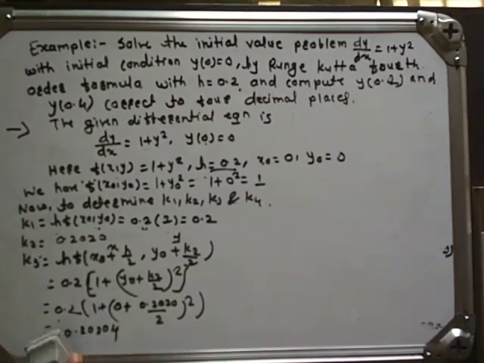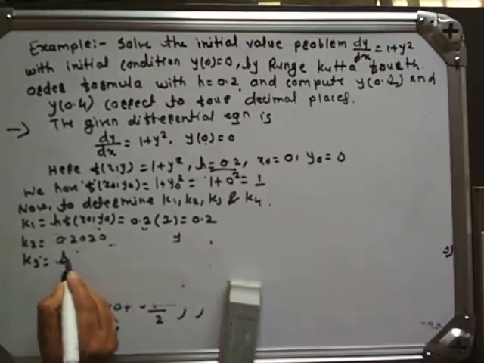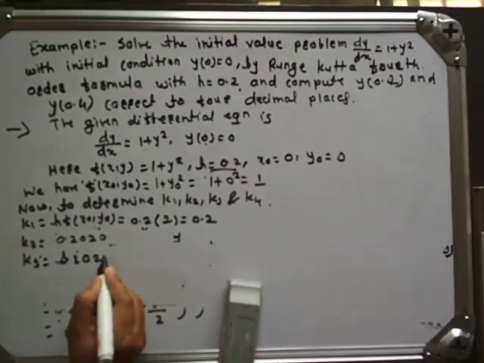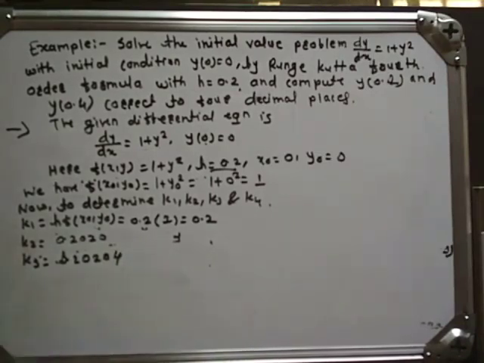So we will get K3 is equal to 0.20204. Now find out K4.